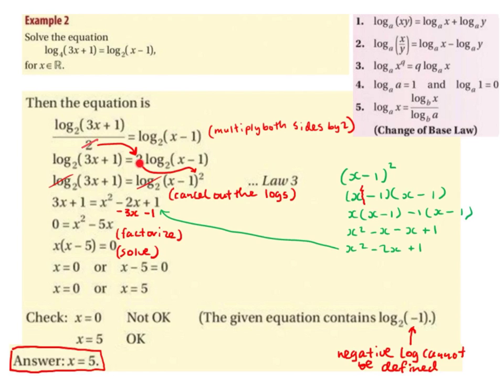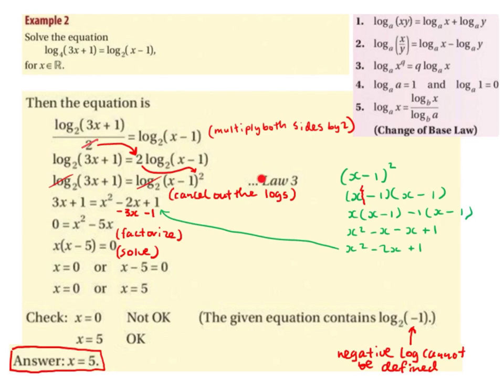So I'm just going to stick a 2 in front of my log base 2 of x minus 1, because this really means 2 multiplied by log base 2 of x minus 1. So what I've done is I've multiplied both sides by 2. So now I have log base 2 of 3x plus 1 equals 2 log base 2 of x minus 1.